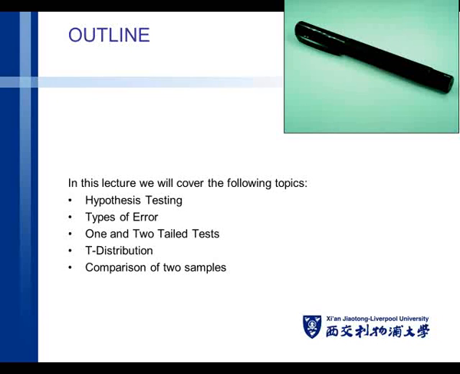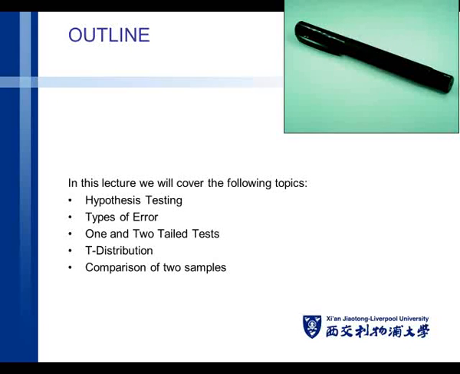Today, last week we couldn't cover hypothesis testing as I tried to, so we will cover it today. Last week we did the central limit theorem and confidence intervals.